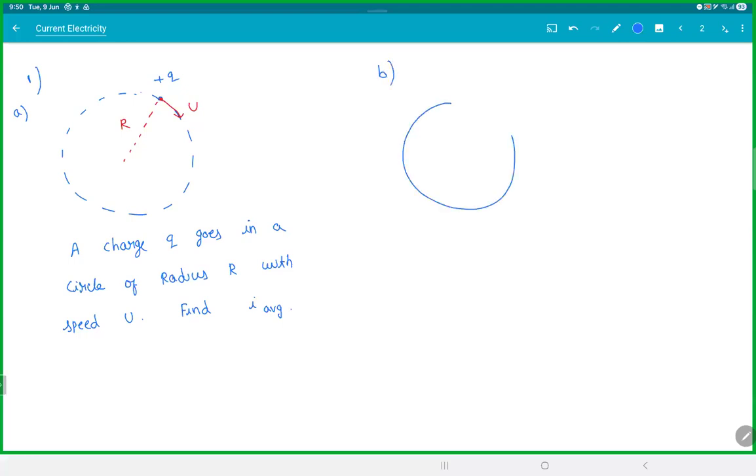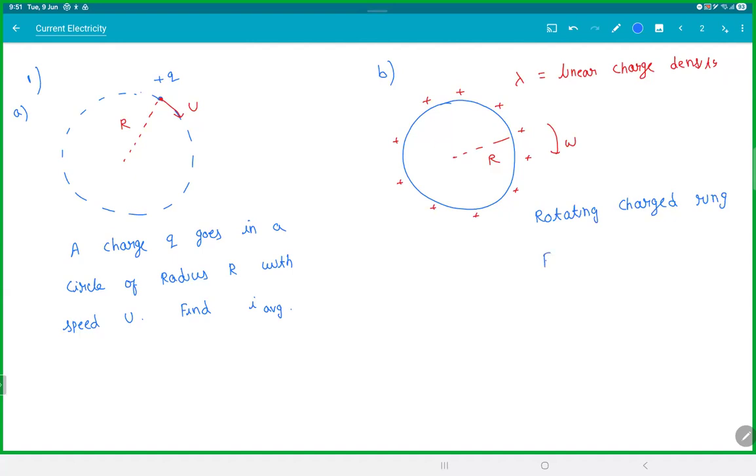Second thing, we have a charged ring which is rotating with omega. Lambda, r, and omega are given, where lambda is the linear density. This is a rotating charged ring. Find the current.